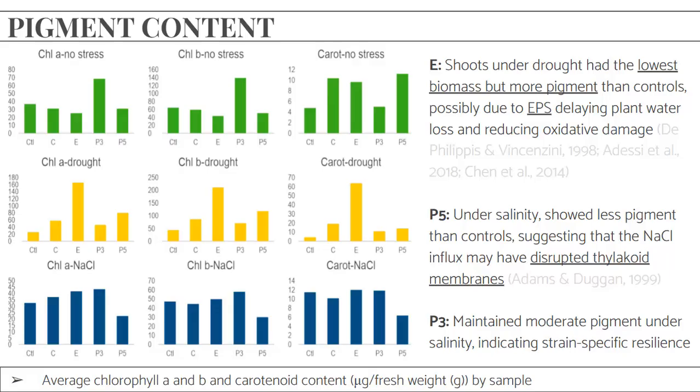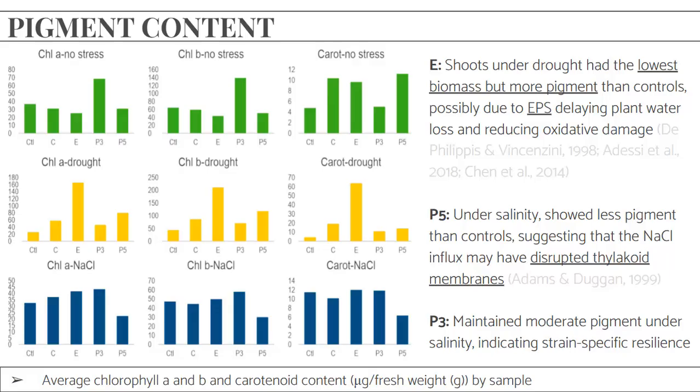For the pigment content, some interesting things to note here is that for the isolate E, shoots under drought had the lowest biomass, but more pigment than controls, possibly because of E's thick EPS retaining plant water and reducing oxidative damage.